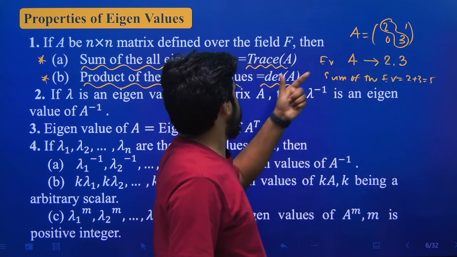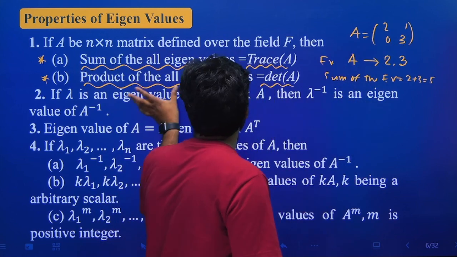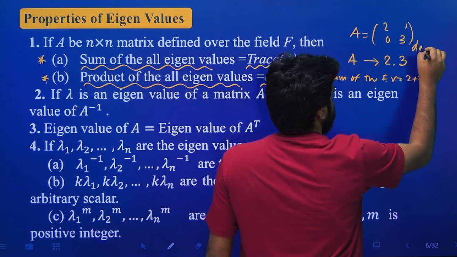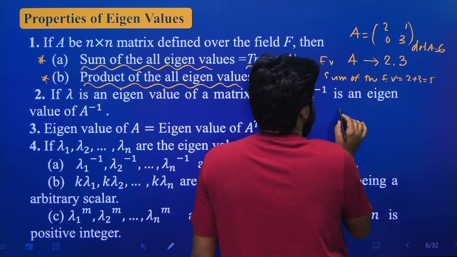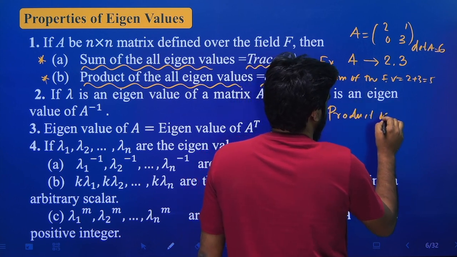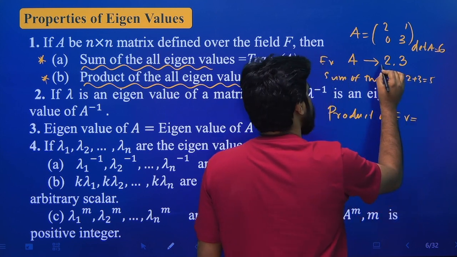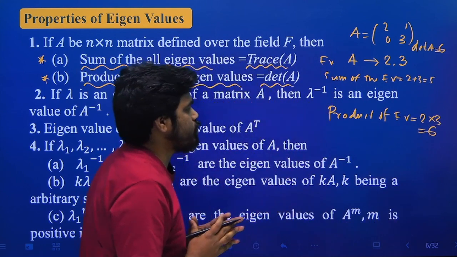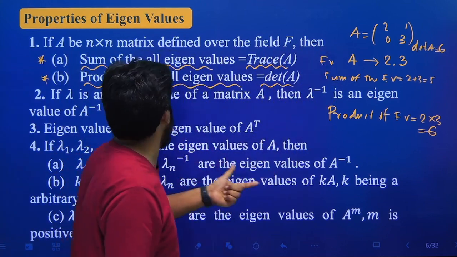Sum of the eigenvalues is equal to trace of the matrix and product of the eigenvalues is equal to determinant of the matrix. দেখো এর determinant calculation করলে তুমি পেয়ে যাবে determinant হচ্ছে 6, 2 into 3. Product of the eigenvalues, eigenvalues গুলো কি পেয়েছে 2 আর 3, 2 into 3 that is 6.